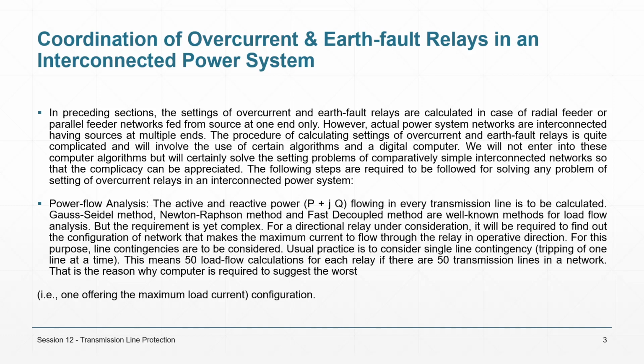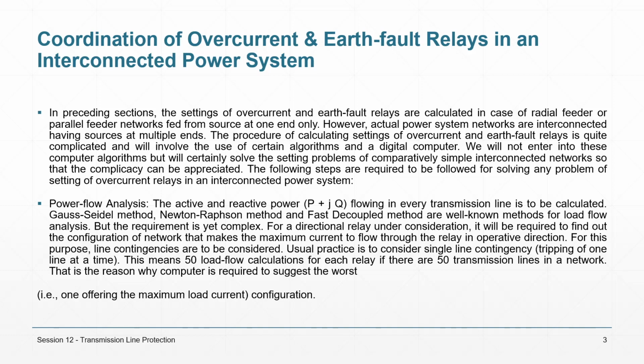If there are 50 lines, with all 50 lines on, what is P plus jQ in all the lines. Now one line is off, number 1, then what is the power? Line number 2 is off, others are on. Line 3 is off, others are on. Like that, you will have to run 50 power flow analyses by different methods, Gauss-Seidel and Newton-Raphson or whatever you are using, fast decoupled method.